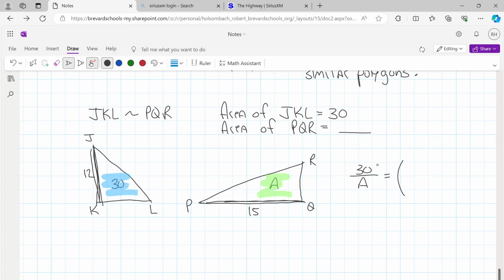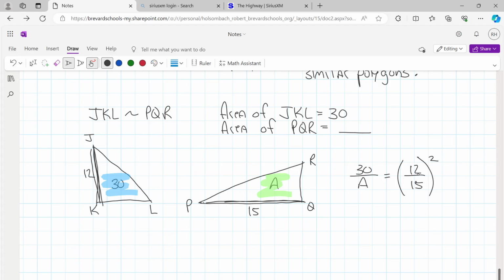But if our first ratio was blue over green, then our second ratio needs to be blue over green again. I'm going to use the 12 in the numerator and the 15 in the denominator, and that's got to be squared. All right, everybody okay with that?